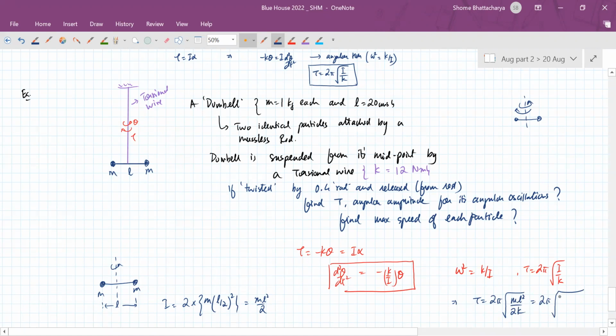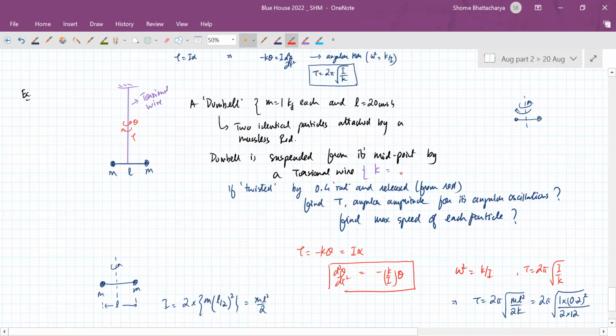So each particle is 1 kg. L is in meters this much. And K was how much? 12 Newton meter. Okay. So I think here 12 will become an unnecessarily large value. I'm just changing the value of this so that it's easier to calculate.